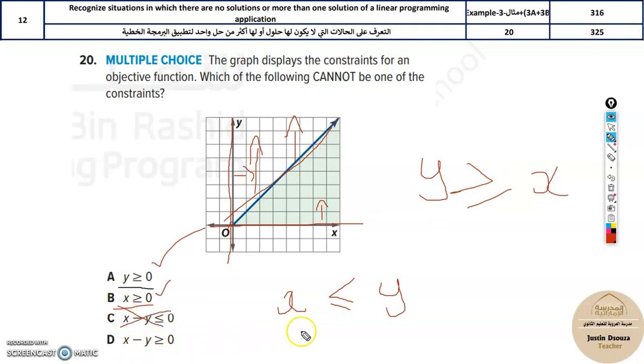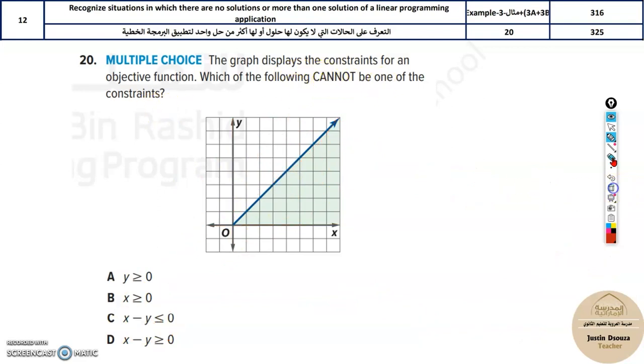Whereas x greater than or equal to y, or y less than or equal to x, this is correct. Y is greater than or equal to x should go down, not up. So the wrong one, which does not belong to the constraints, is option C. All the others are within the solution. Only this particular option, which says the shaded region must be upwards, is wrong. It is downwards.